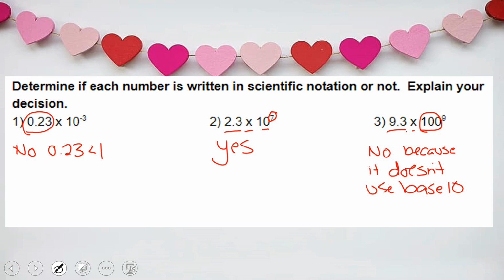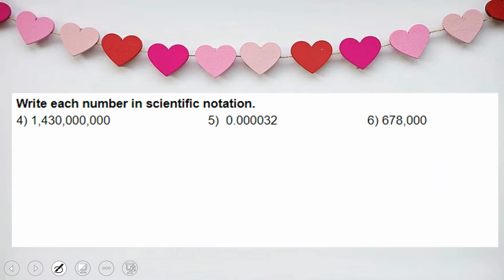Okay, so let's take a look at some examples about turning these into scientific notation. These are all numbers in standard form. What would they look like in scientific notation? So I'm needing to convert this into something times 10 to some power. Now recall that that A value has to be between 1 and 10, but not equal to 1 and not equal to 10.